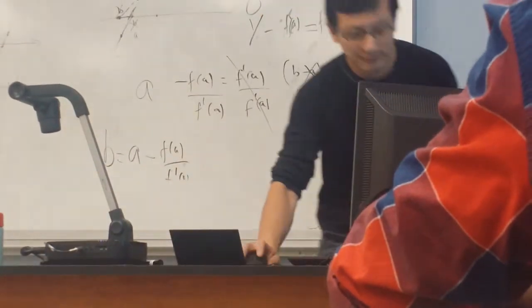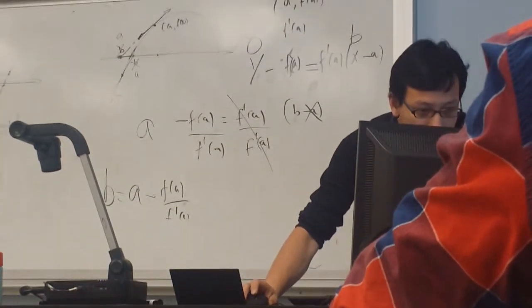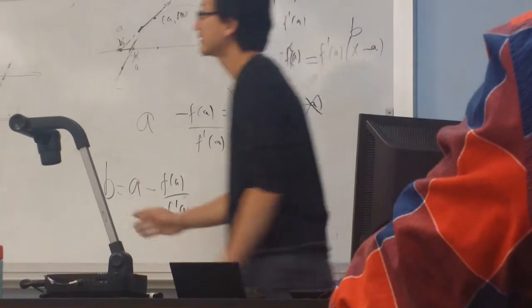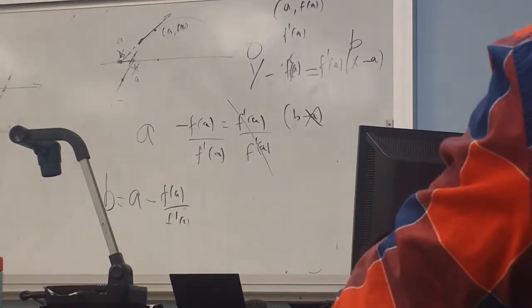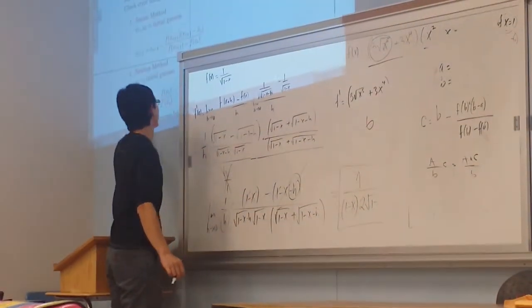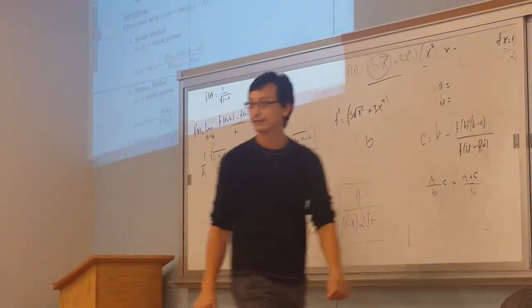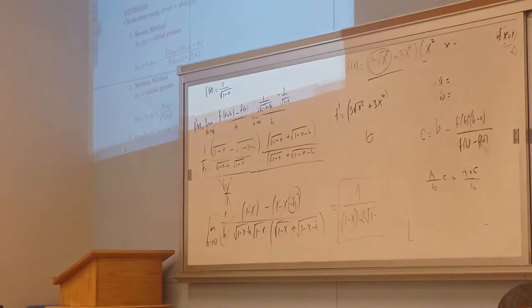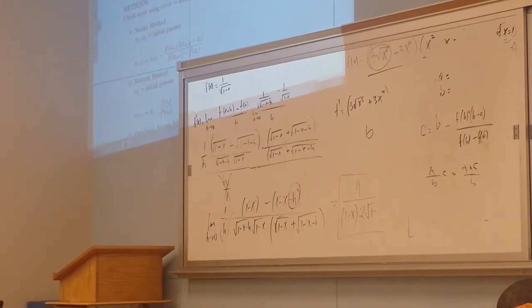So if you notice here, a minus f of a divided by f prime of a is equal to b. Does that make sense?